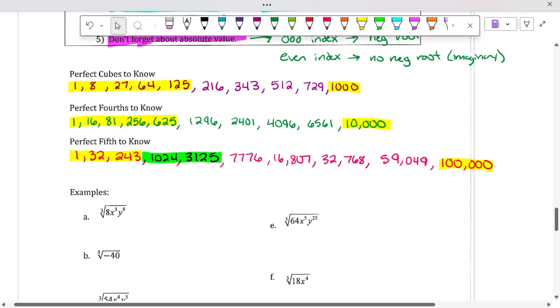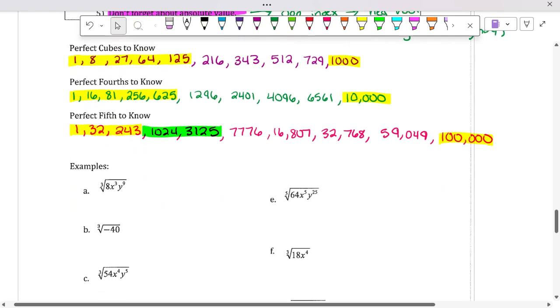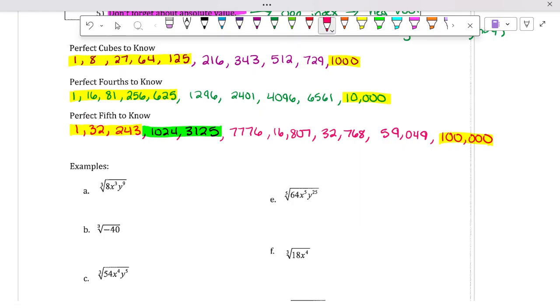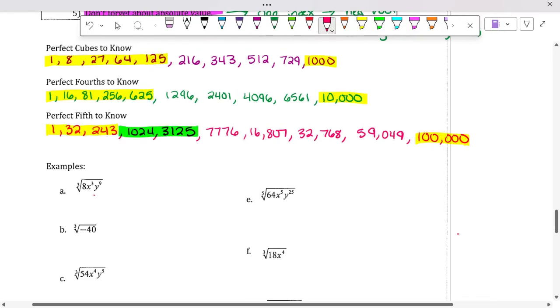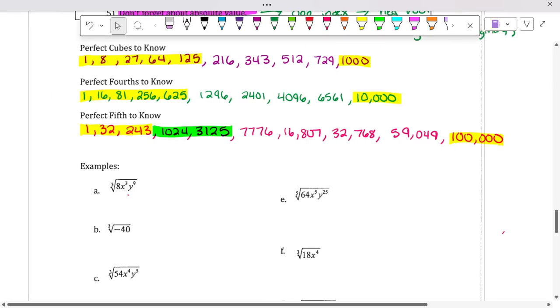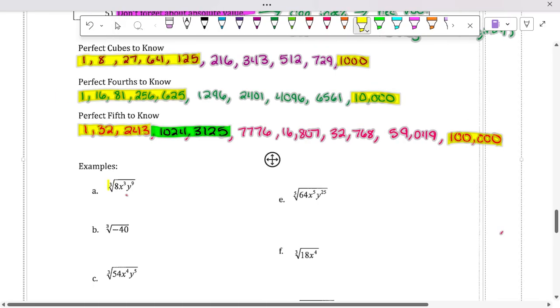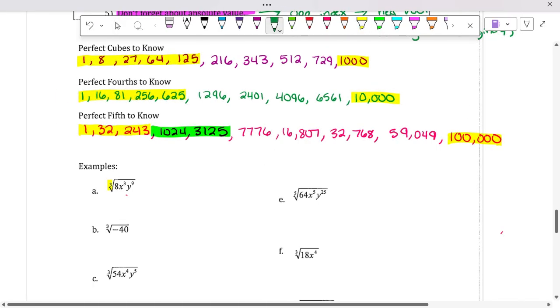All right, so let's look at some examples. Let's look at letter A. If we just eyeball it, first off, it's an index of 3, so we're undoing a cube. So we're looking for perfect cubes.